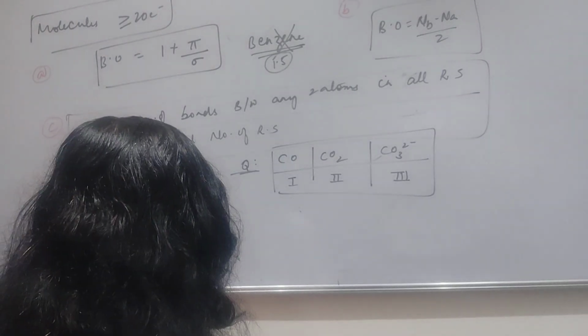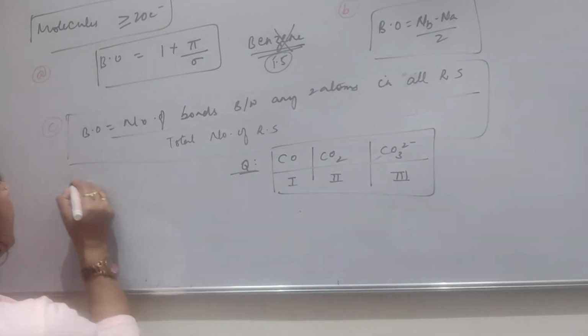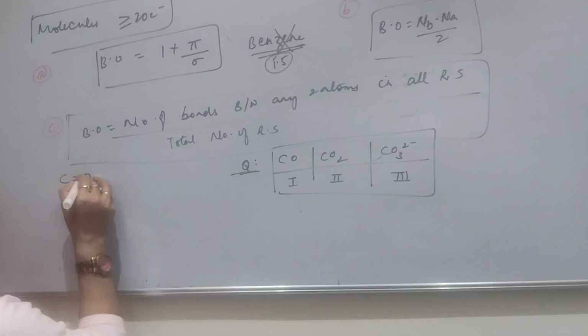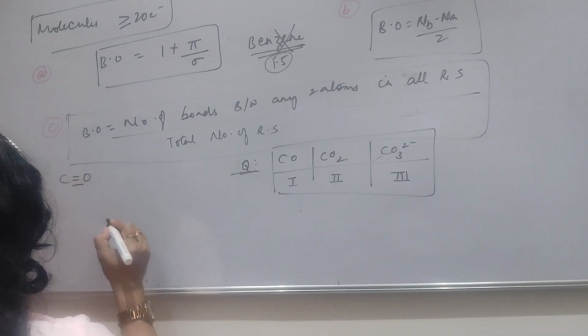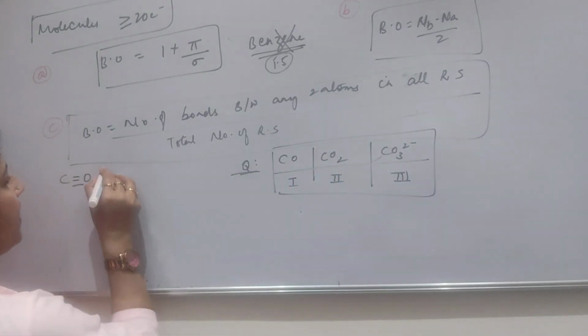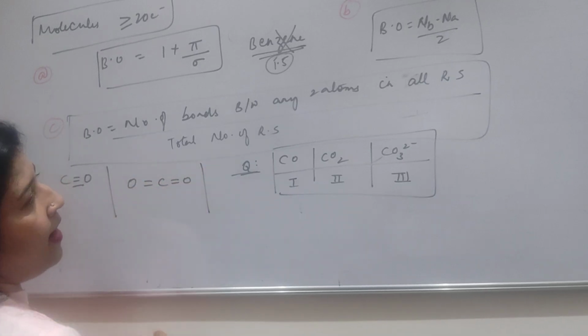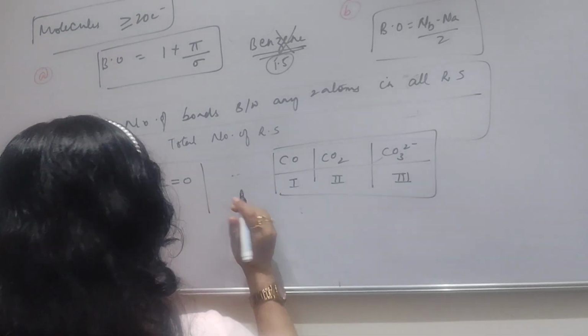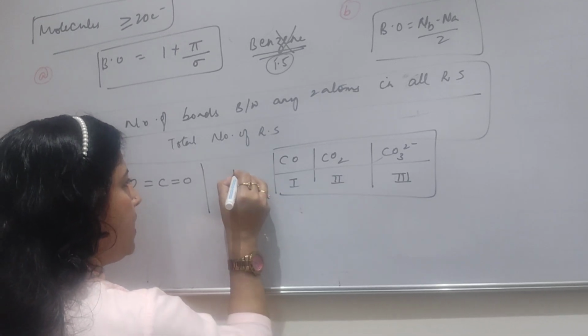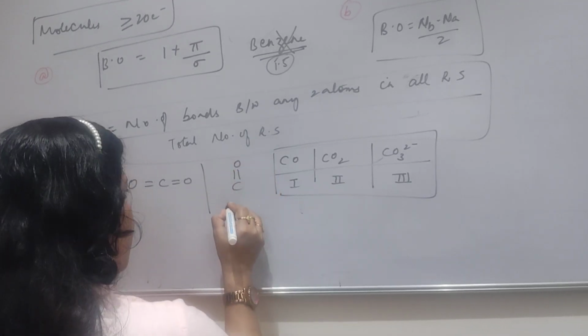So we know CO can also be written as C triple bond O, and CO2 and CO3 2 minus can be written as well, we know the Lewis dot structures.